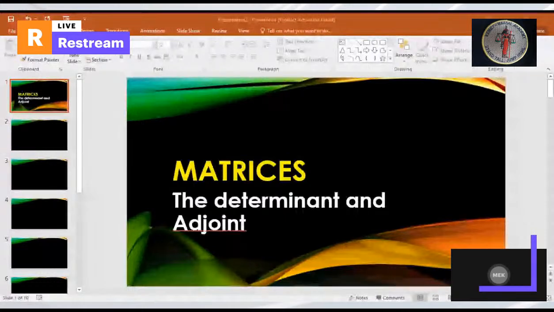So by then you will be well versed in finding the determinant and the adjoint, and then the next live session that we do on matrices, we can go on to find the inverse of the matrix.